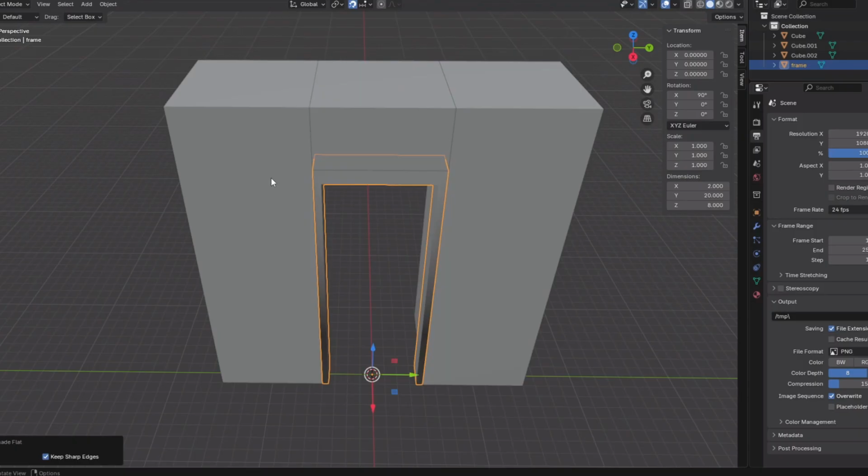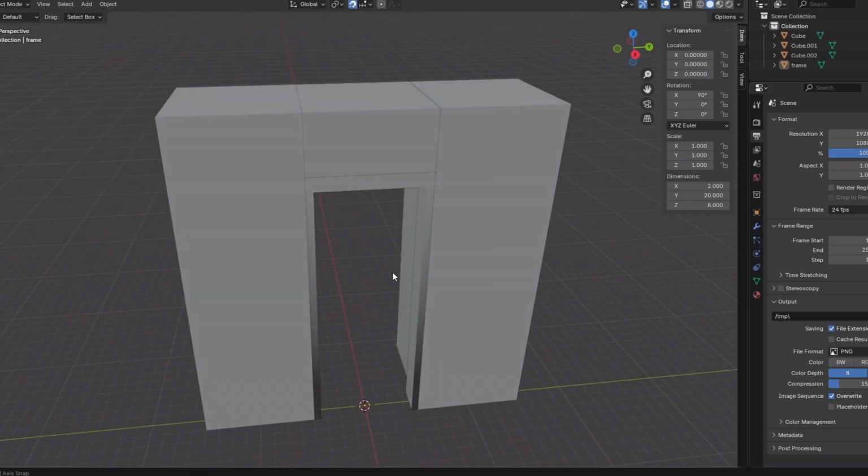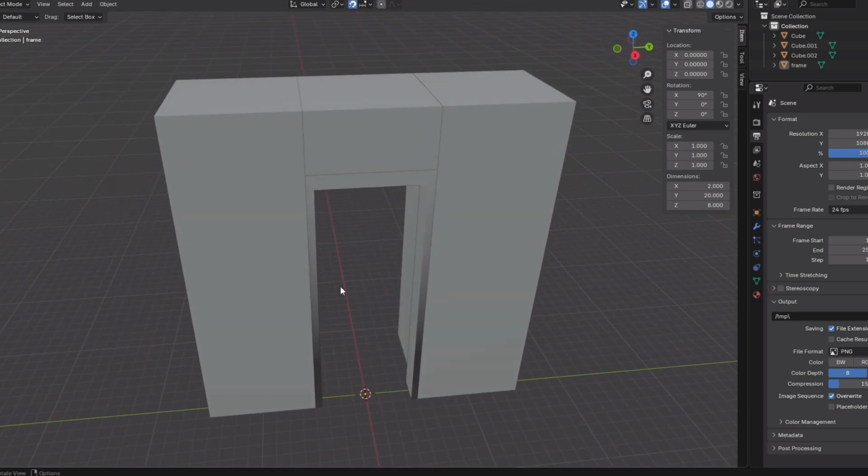Shade flat. I don't know why it's doing keep sharp edges. So anyway, I will get back to this and explain it in a bit.